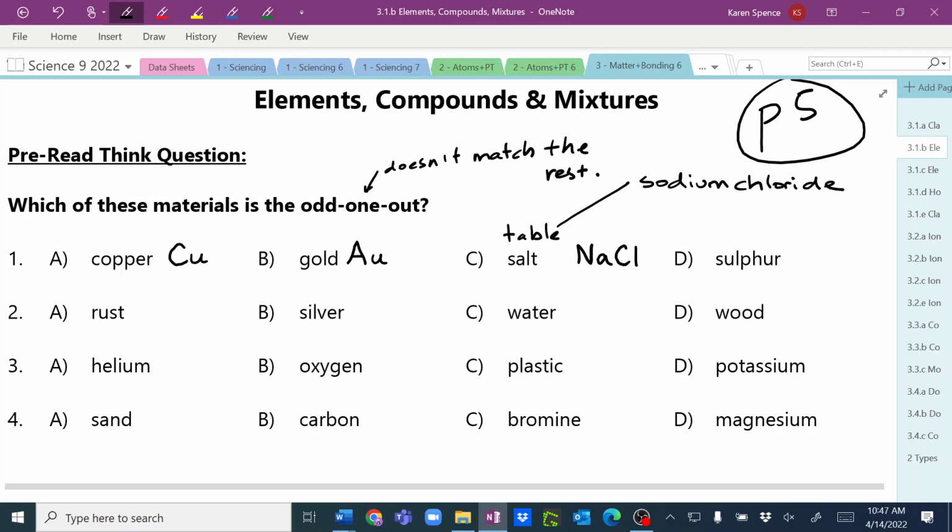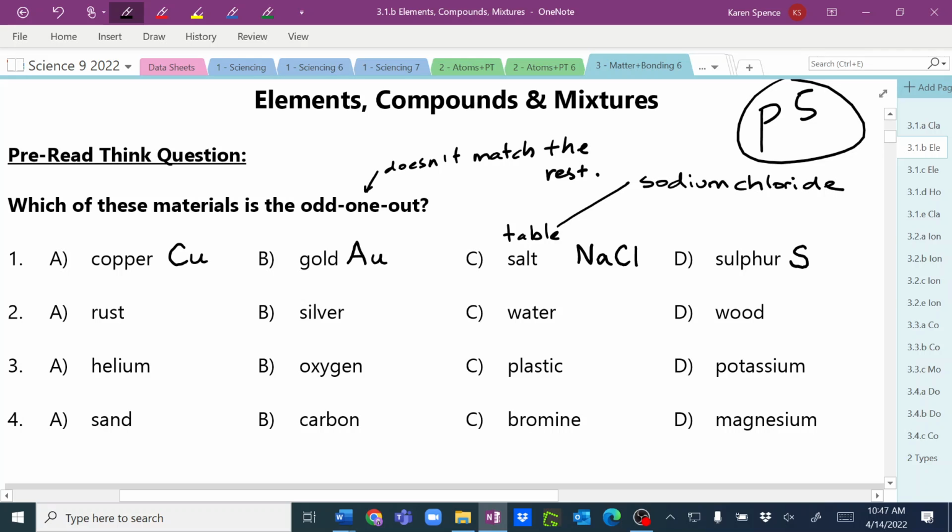You don't need a mass number because you're dealing with an entire sample of matter, so you'll have all sorts of different isotopes in your sample. Yes, sodium is an ion and chloride is an ion, and we'll be looking at how that forms a little bit later today. And then finally, the formula for sulfur is S.